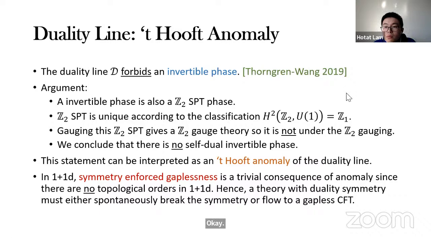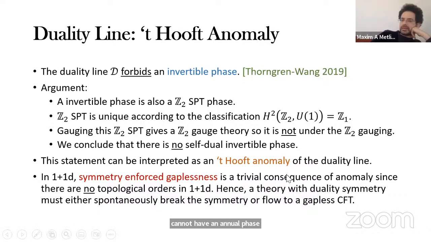Is there a question? Oh, hi, Max. Hi. Good question. Is there an alternative argument why you cannot have an invertible phase? Alternative argument? What do you have in mind? I mean, isn't there a statement that if the quantum dimension of the defect is irrational, then it has to be non-invertible? Correct.